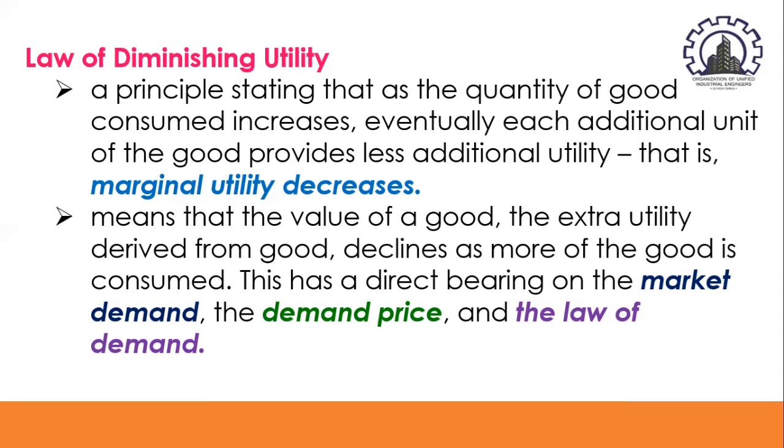So this has a direct bearing on market demand, the demand price, and the law of demand. If the satisfaction obtained from a good declines, then buyers are more willing to pay a lower price, and therefore demand price is inversely related to quantity demanded, which is the law of demand.